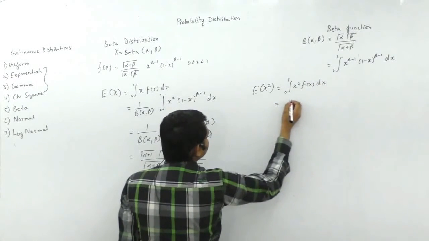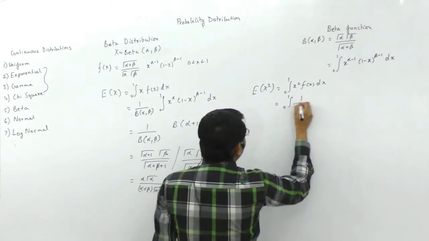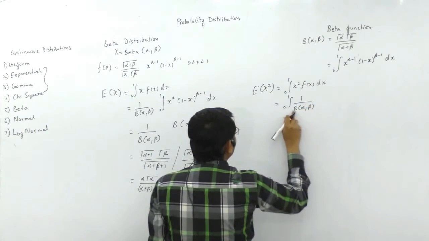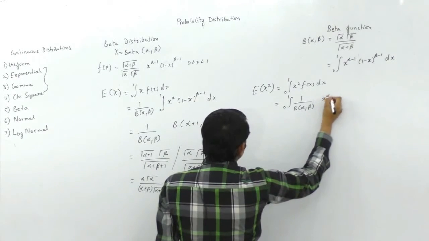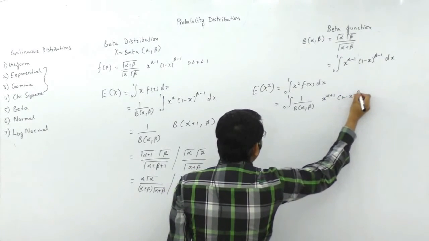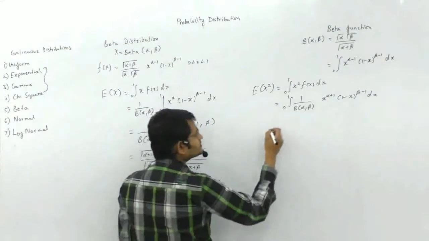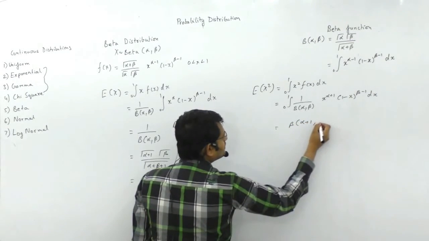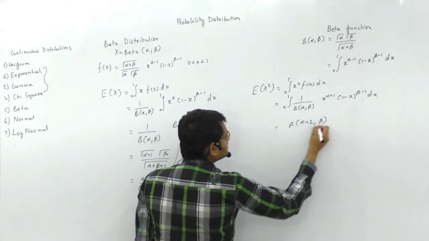That will give us, again, this term can be written as beta of alpha plus 2 comma beta.